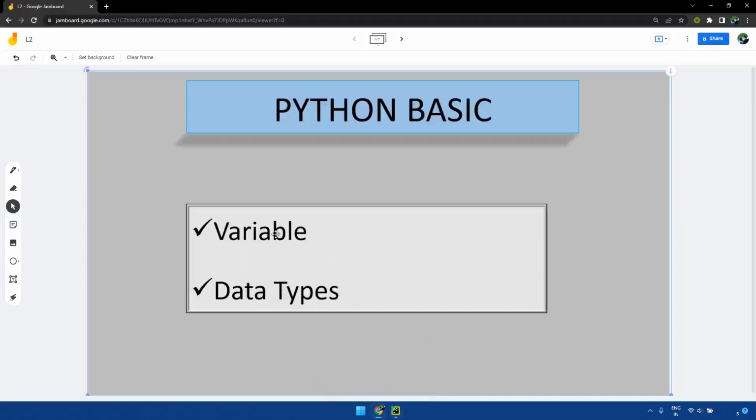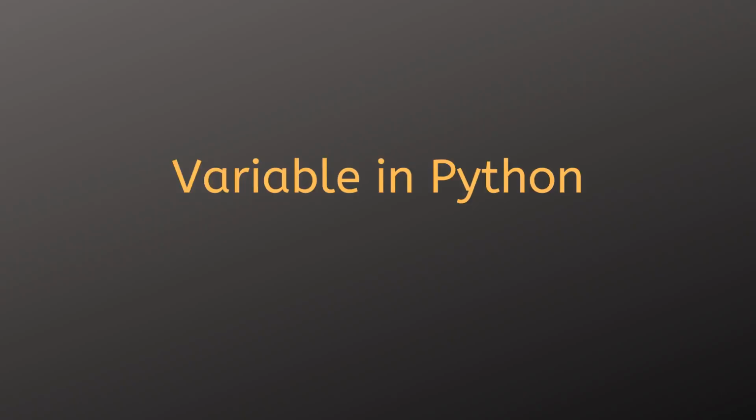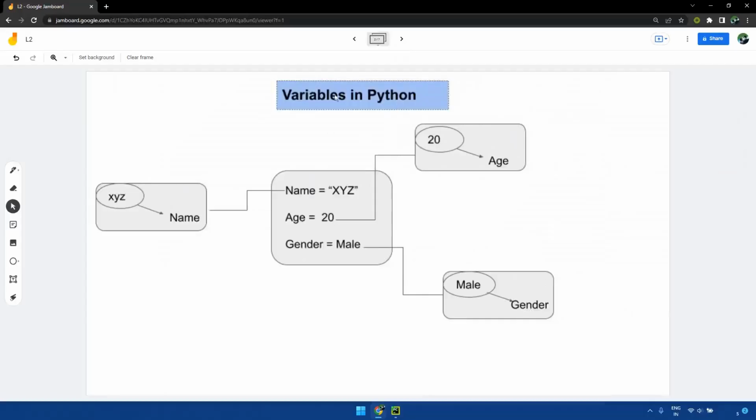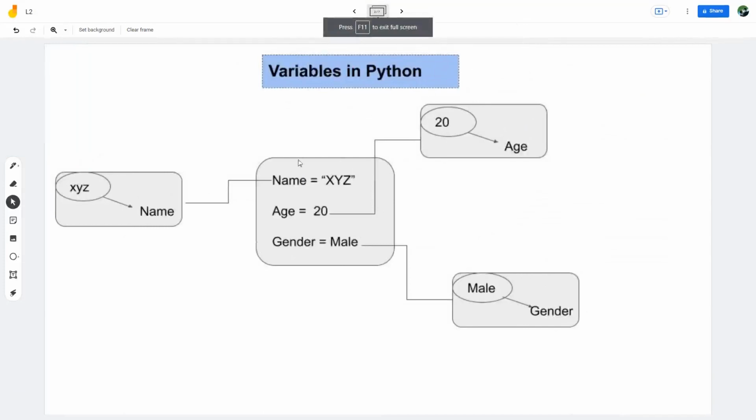Before moving ahead to code, let's understand what a variable actually is in coding. So guys, here we are seeing what a variable is in Python. Don't just look at this image. First let's understand in depth what a variable is.